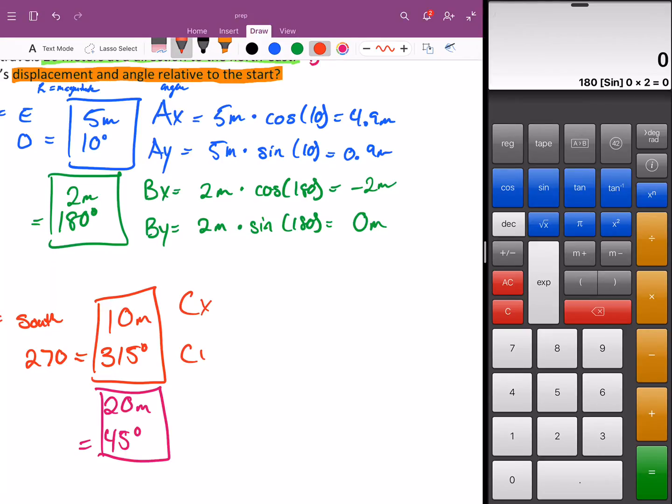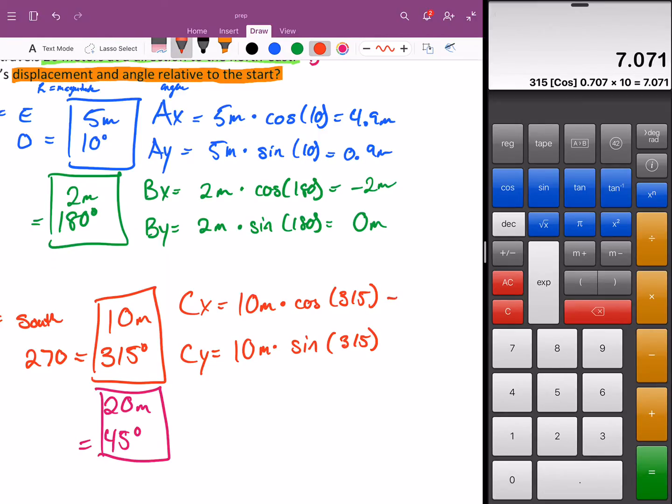CX, CY, 10 meters, cosine 315 degrees. CY, 10 meters, 10 sine 315 degrees as well. 315 cosine times 10, 7.1 meters.